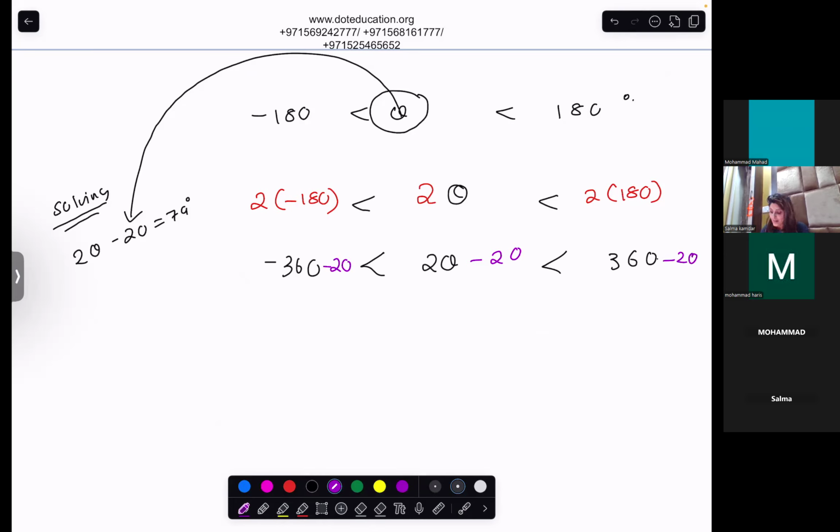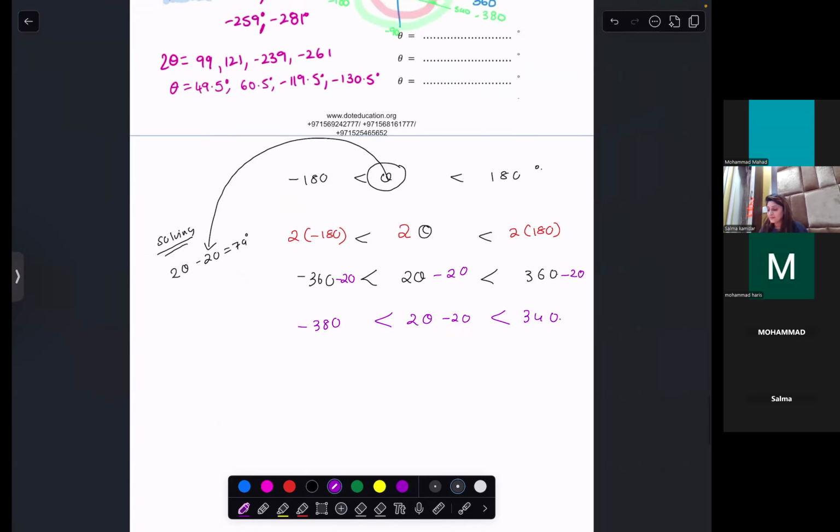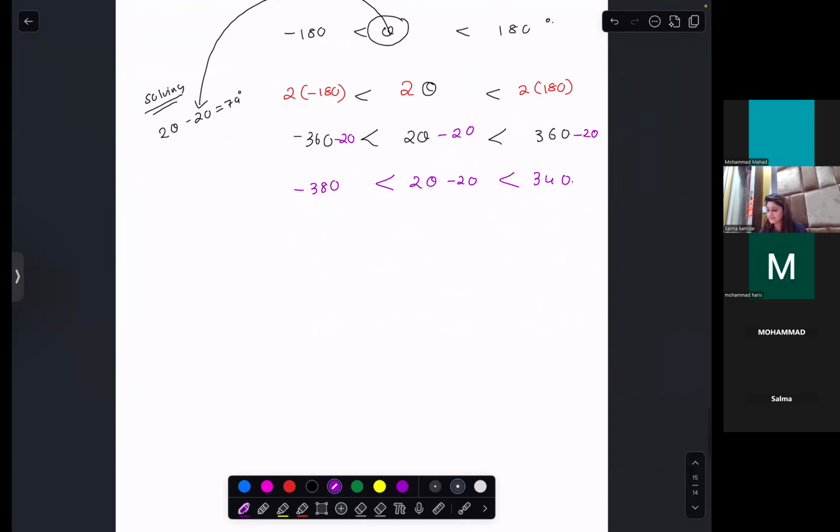My range becomes minus 380 less than 2 theta minus 20 less than 340. I hope you're with me. Okay, fine.